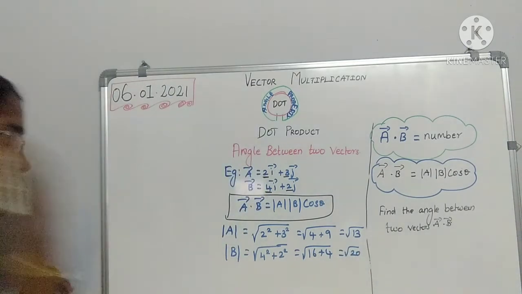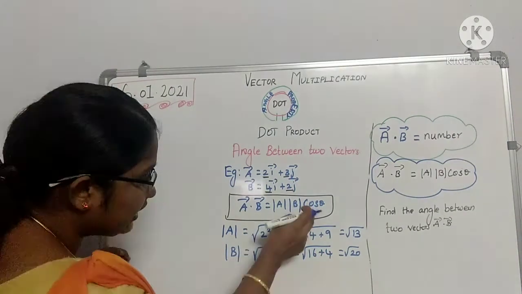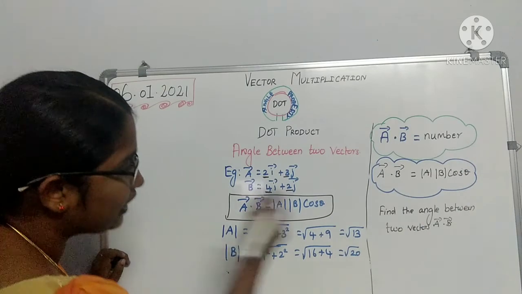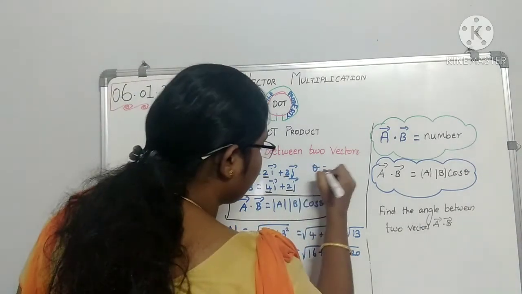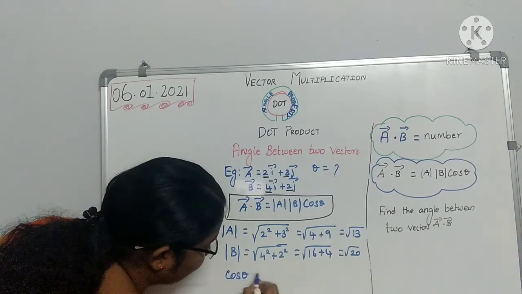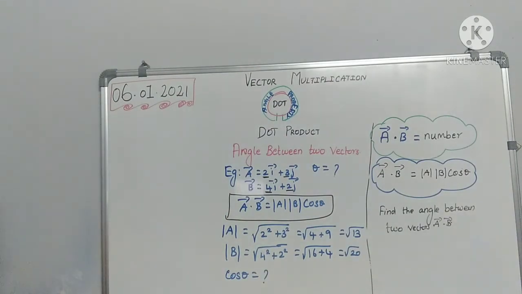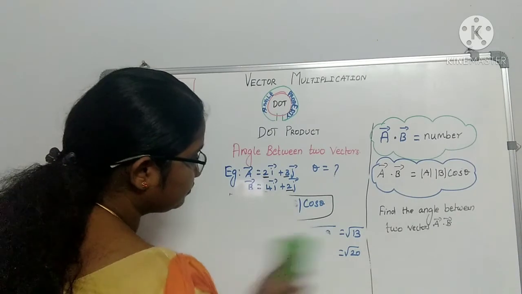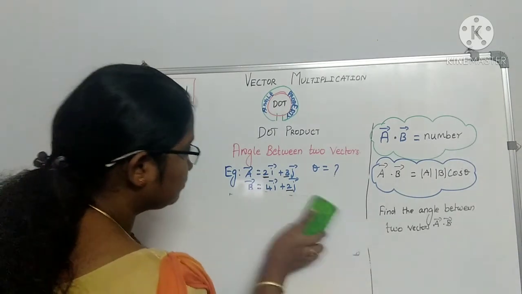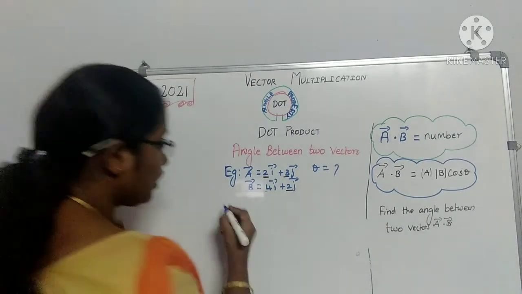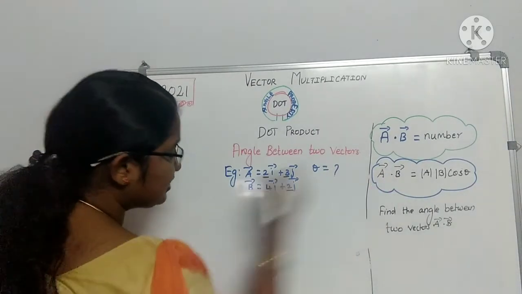Then cos theta. Theta only we need to find, so cos theta we need to find. How to find this cos theta? Rearrange this equation.